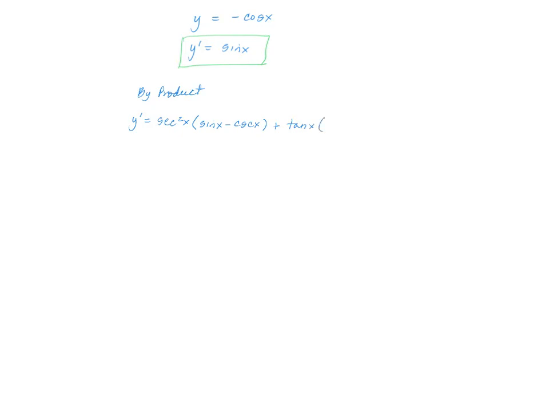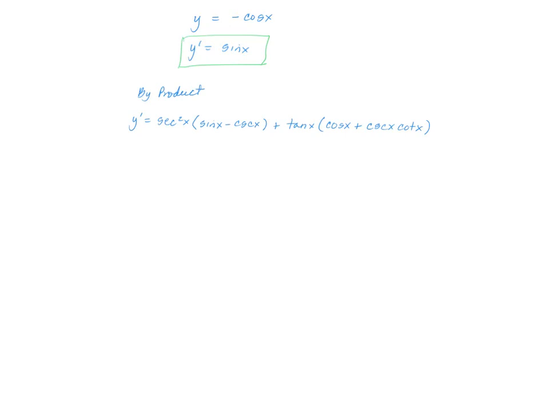The derivative of sine x minus cosecant x would be cosine of x. And then the derivative of cosecant is a negative cosecant cotangent. So the minus becomes a plus cosecant cotangent.